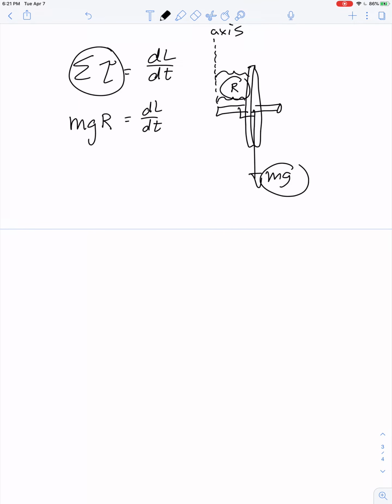Okay, well, the initial angular momentum vector pointed down the x-axis and is equal to I, the rotational inertia of the wheel, times omega. So let's look at that picture again of the bird's eye view looking down the string.